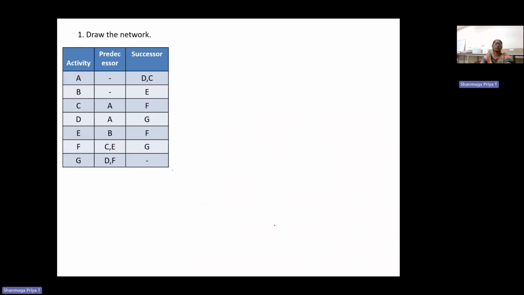So now we are going to draw the network. Here both predecessor and successor are given. So for these activities, we will draw one by one. For activities A and B, there is no predecessor, which means that both are starting activities.